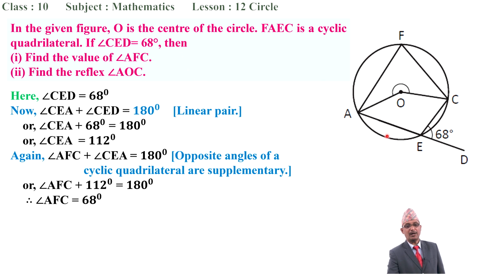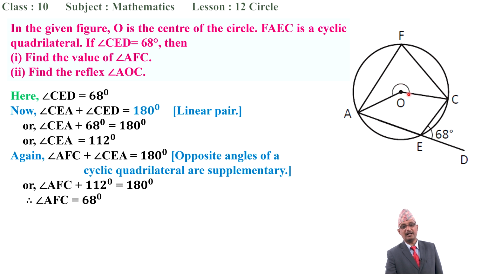Similarly, now we have to find reflex angle AOC. Look here, reflex angle AOC is the central angle standing on major arc AFC. And this major arc AFC subtends which inscribed angle? AEC. And we know that the central angle is double the inscribed angle standing on the same arc.